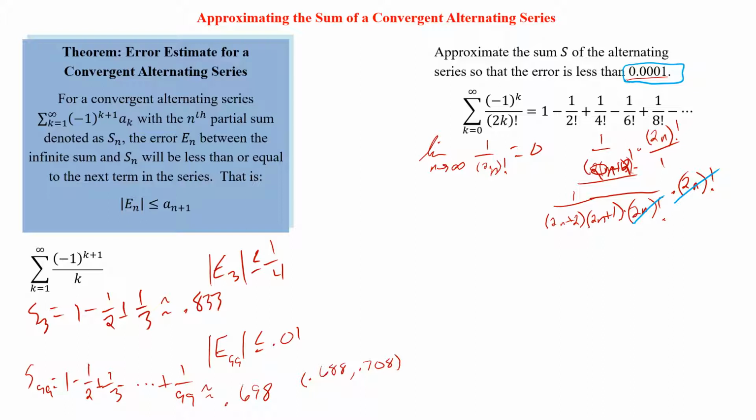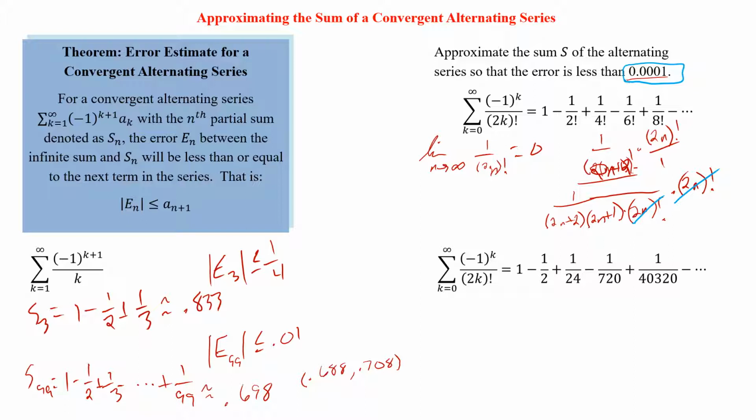So we have 1 minus 1 over 2 factorial, 1 over 4 factorial, 1 over 6 factorial, 1 over 8 factorial. We can calculate those out to get 1 minus 1 half plus 1 over 24 minus 1 over 720 plus 1 over 40,320 plus dot dot dot. We can keep going if we need to.